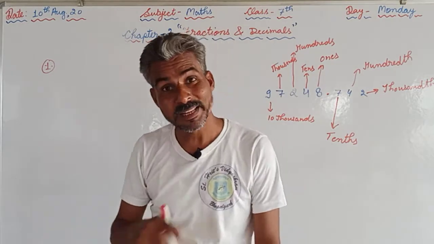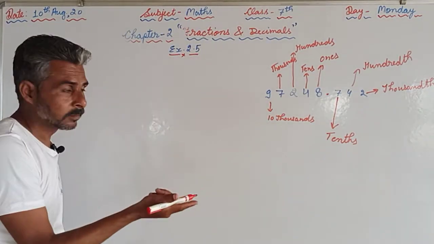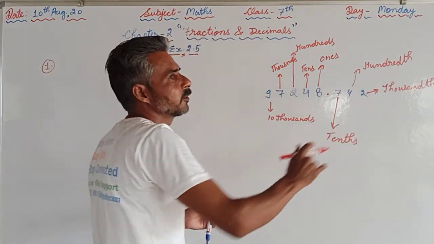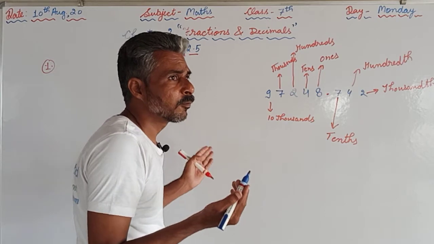Tenth, hundredth, thousandth. So this is the place value chart for the decimal form.